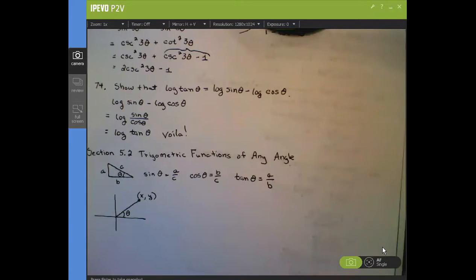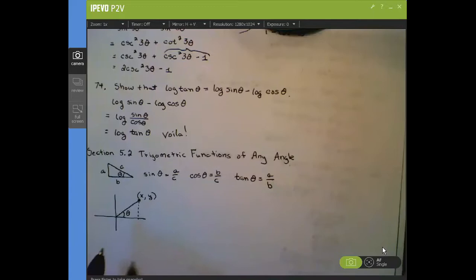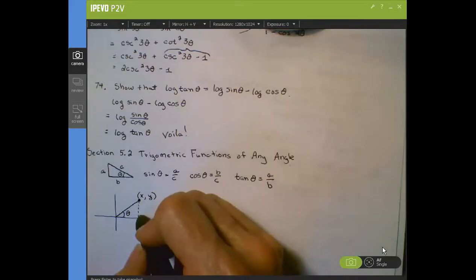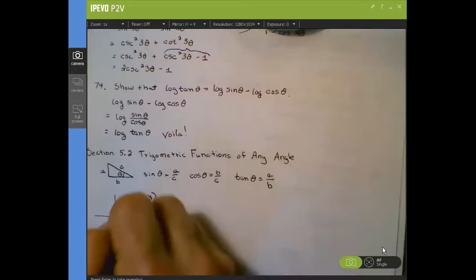Notice that no matter in what quadrant my terminal side lies, I could drop a vertical line, or if I was in quadrant 3 or 4, I could raise a vertical line that would be perpendicular to the x-axis. And if I either drop or raise that line, all of a sudden I have something that looks a whole lot like this. I've created a right triangle.